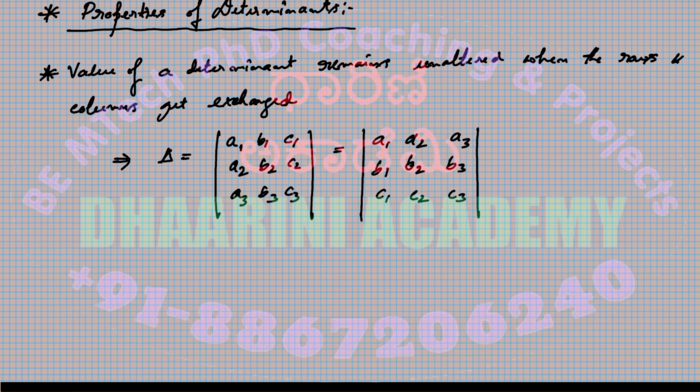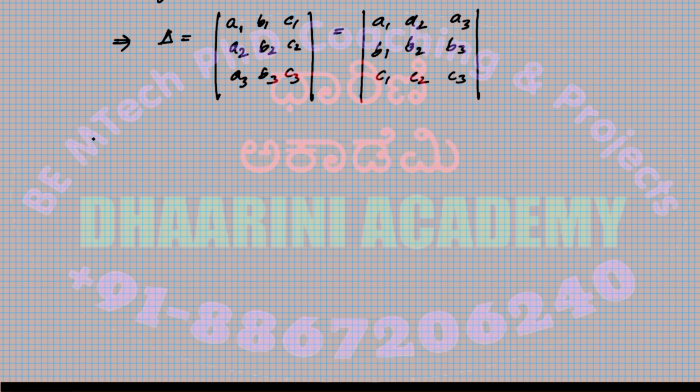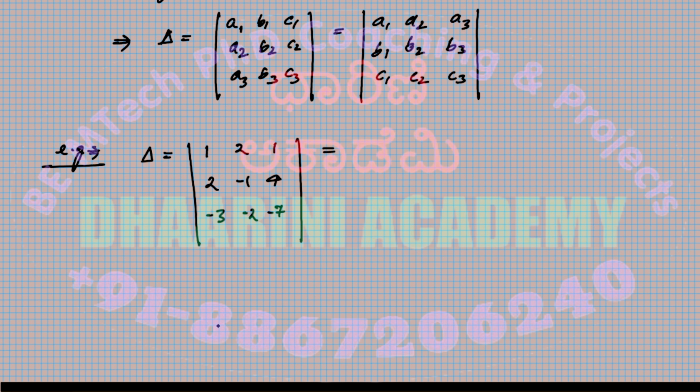Okay, so let us verify this property with an example. Calculate delta equal to 1, 2, 1, 2, minus 1, 4, minus 3, minus 2, minus 7. First we need to calculate this.